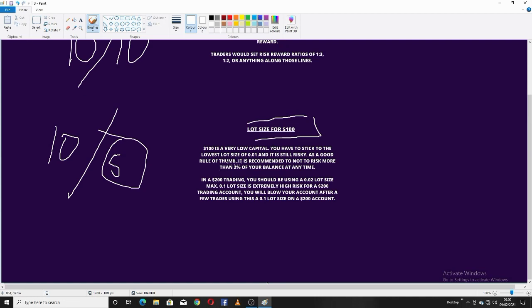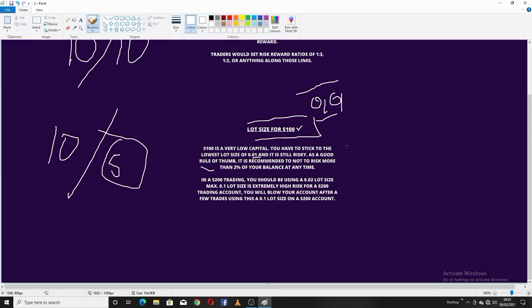You have to just stick to the lowest size of 0.01 and it's still risky. As a good rule, it is recommended not to risk more than 2% of your balance. So if you are trading $100, you need to always stick to 0.01 at all times.